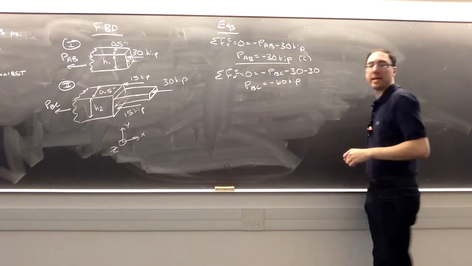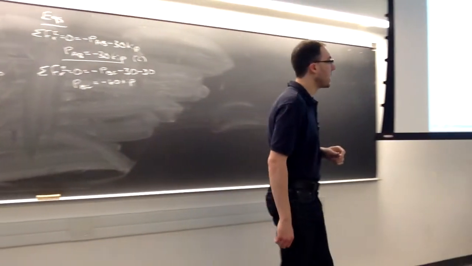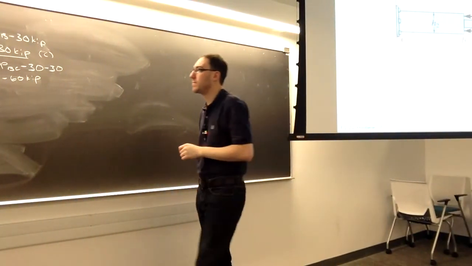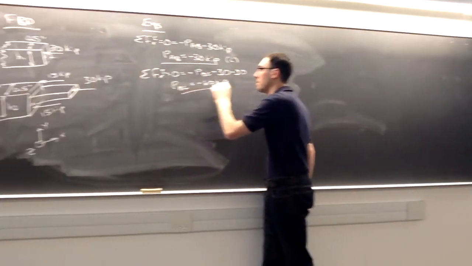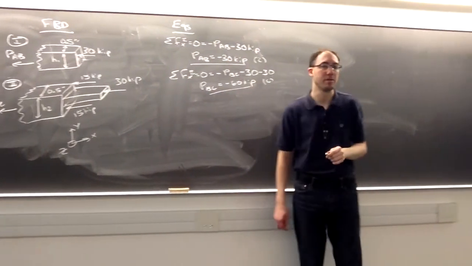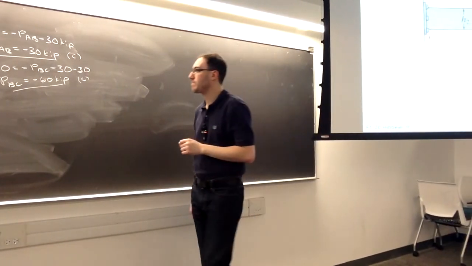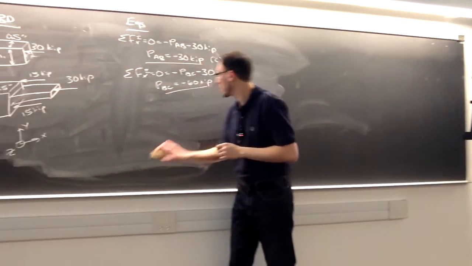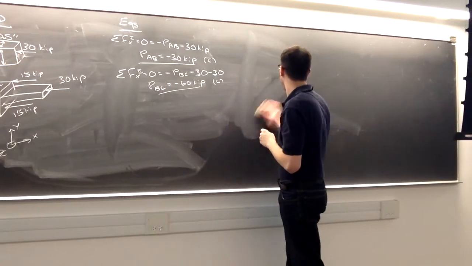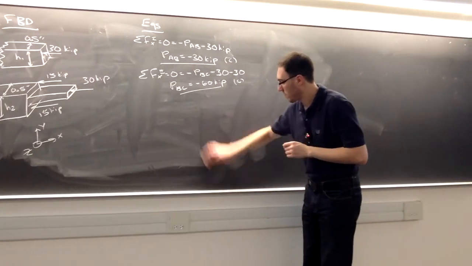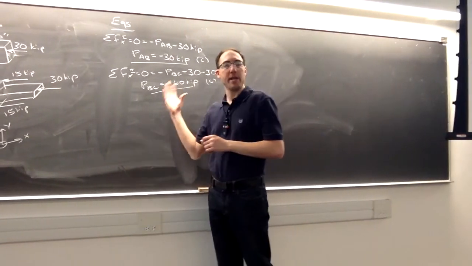But in section BC, the internal force goes up to 60 kip, or negative 60 kip, also in compression. Right, we know the internal loads.